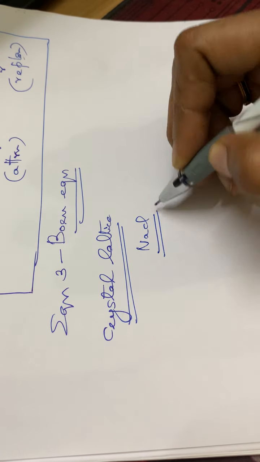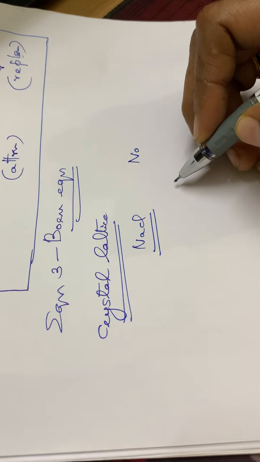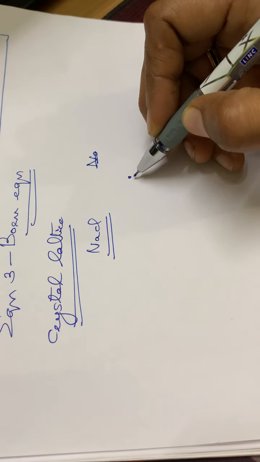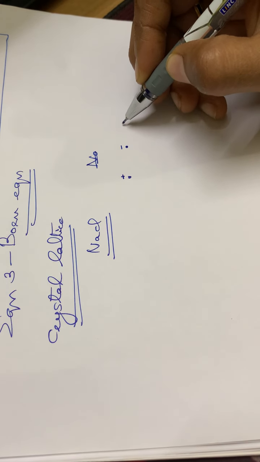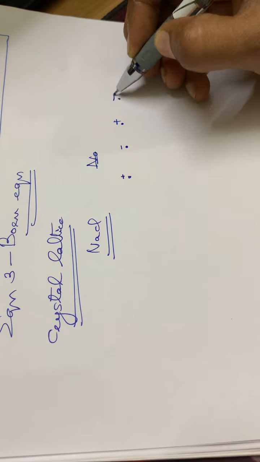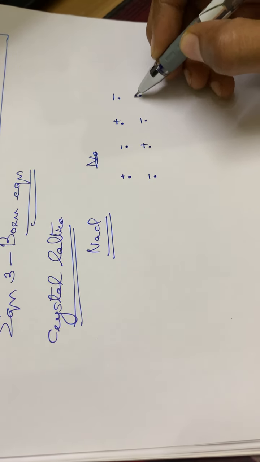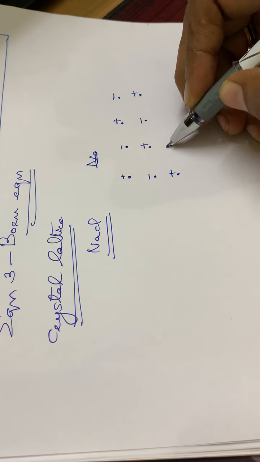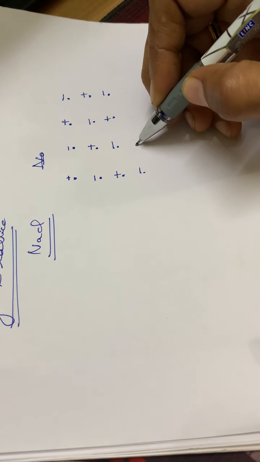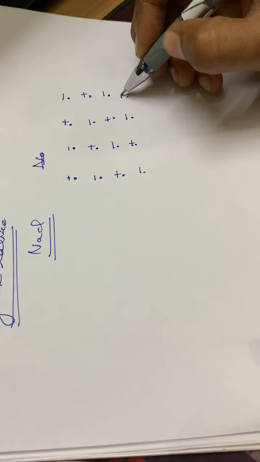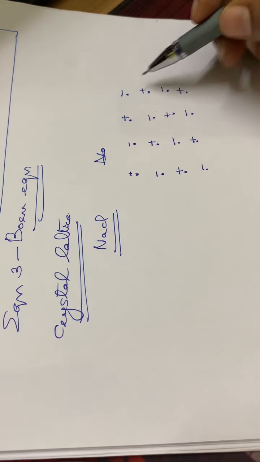For example, NaCl in the solid state: the sodium chloride will be arranged like this, this is Na plus, then this is Cl minus, again a positive ion, a negative ion, alternating in all directions. Likewise, in a crystal lattice these ions are arranged.